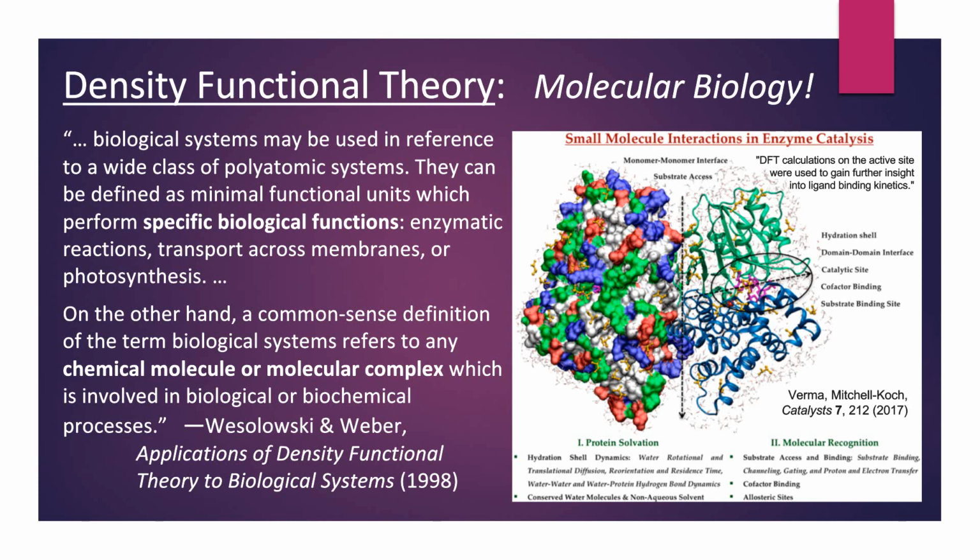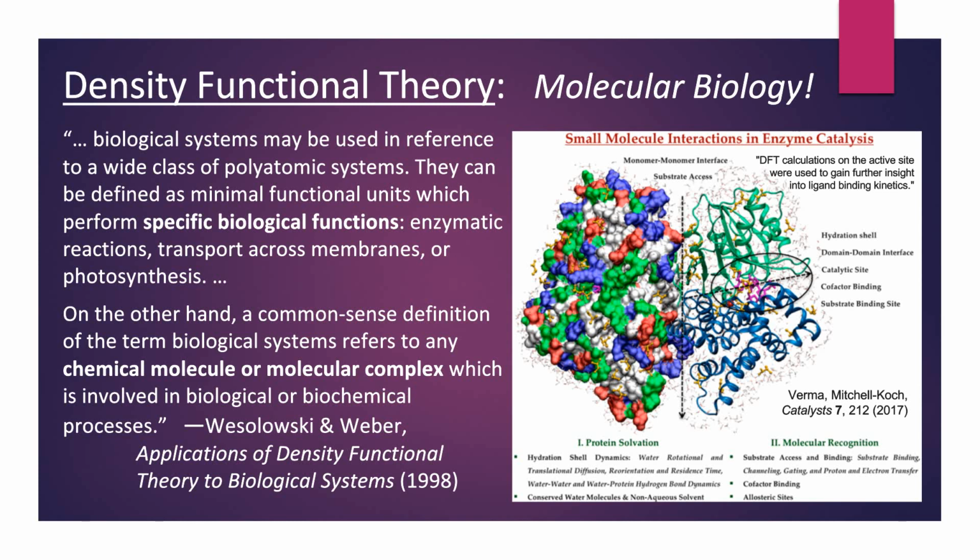biological systems, as a definition, the term biological systems may be used in reference to a wide class of polyatomic systems, typically organic chemistry. They can be defined as minimal functional units. These are the elements of biochemistry, which perform specific biological functions: enzymatic reactions, transport across membranes, or photosynthesis, as I mentioned before.